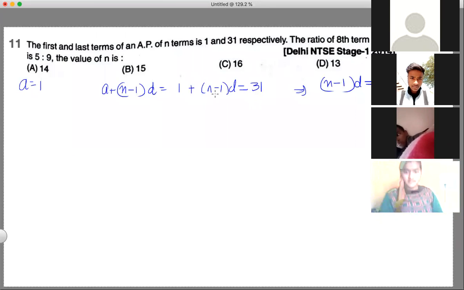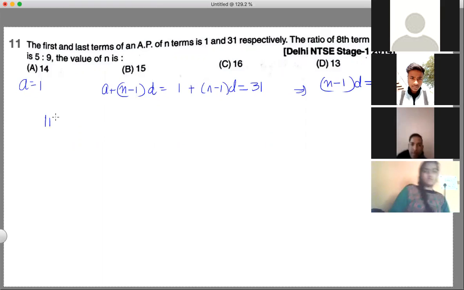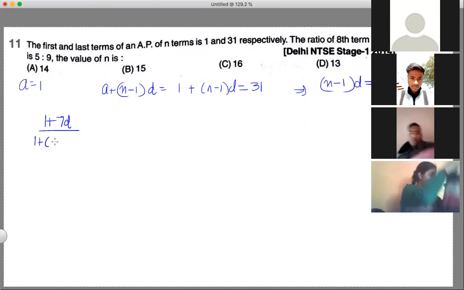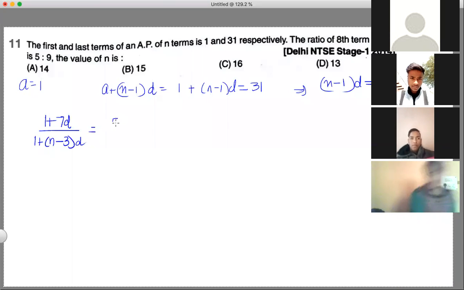We also know this. Now the ratio of the 8th term. What is 8th term? 1 plus 7d by n minus 2 term. So what is n minus 2th term? N minus 3d. This is given to be 5/9.